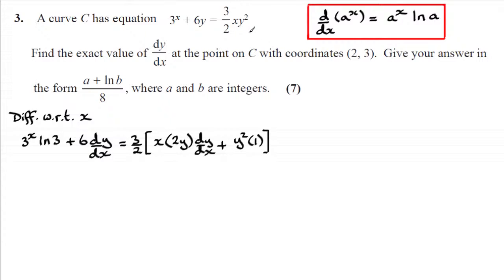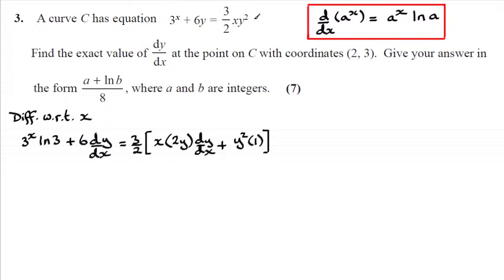This is a combination of the product rule and implicit differentiation. I've taken the constant out the front of the square brackets. We don't need to worry about that. We're just going to differentiate the x times y squared. So it's the product rule. You take one part, let's say the x, and the other part is y squared. I know a lot of you might think of it as u's and v's.